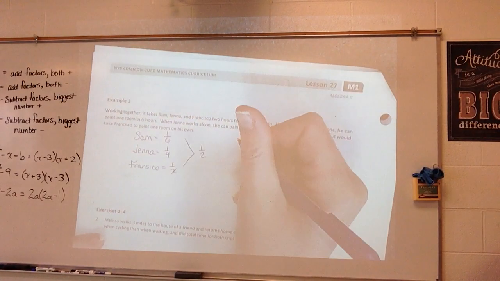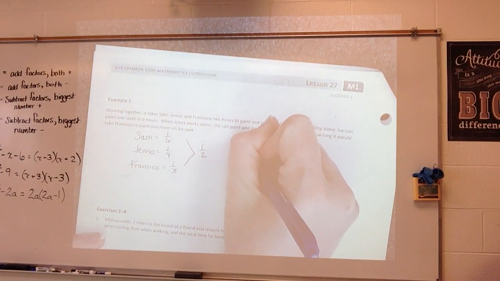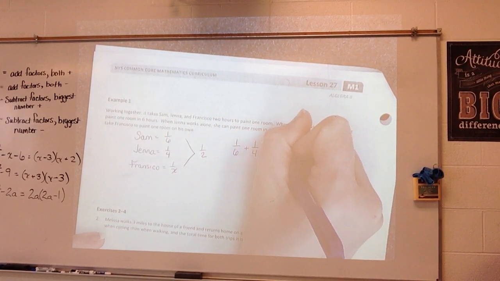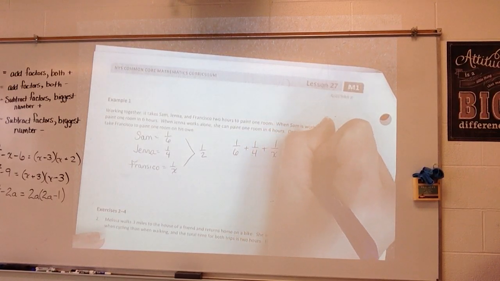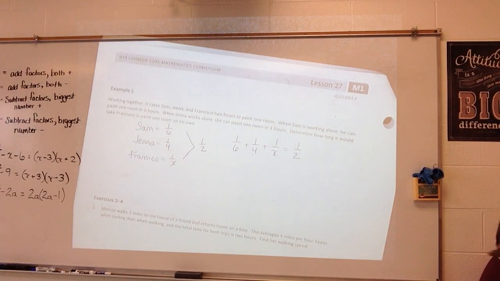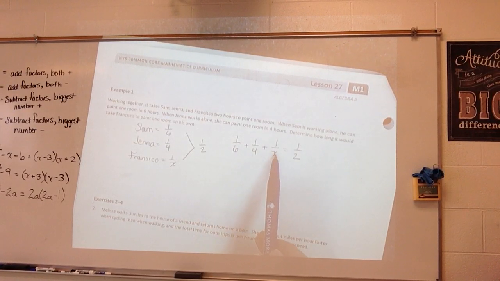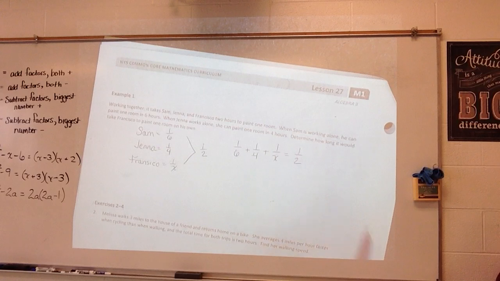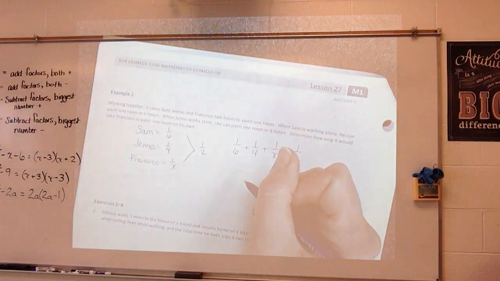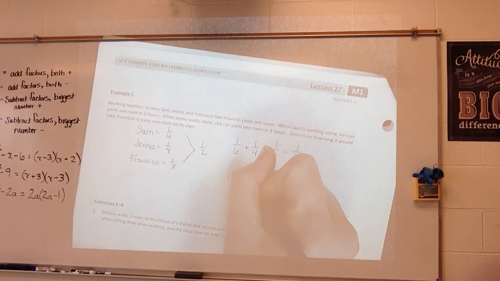Let's set this up. 1/6 plus 1/4 plus 1/x equals 1/2. Because this is how much Sam can paint, this is how much Jenna can paint, this is how much Francisco can paint, and this is what they can paint all together. So I'm going to set it up like this. Common denominator, we'll do what? 12x, sorry.